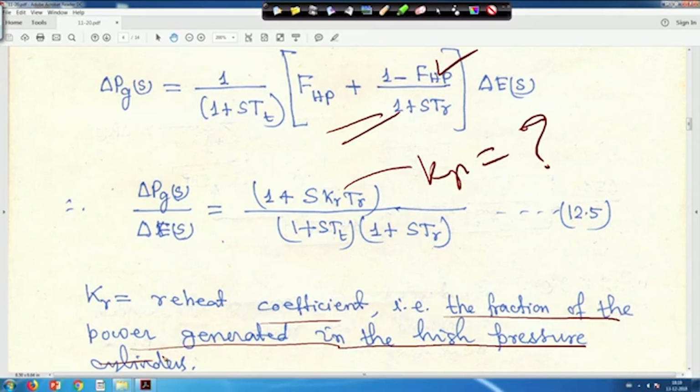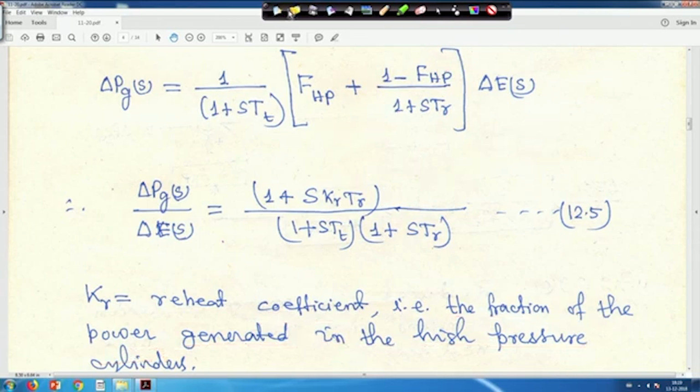So, basically K_R is equal to what, as fraction of power generated in the high pressure cylinder? Generally we call K_R a reheat coefficient. So, this is equation 5, the transfer function for the reheat turbine.